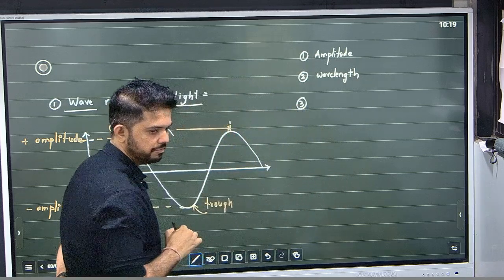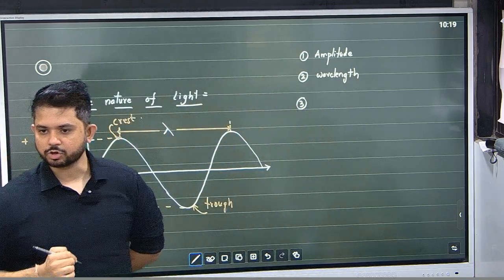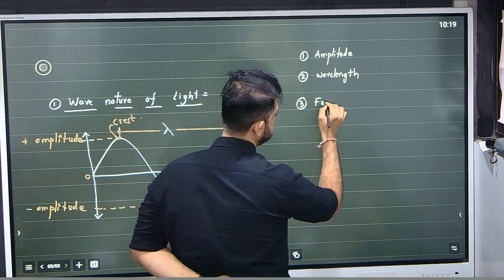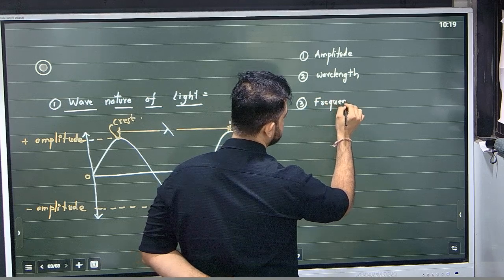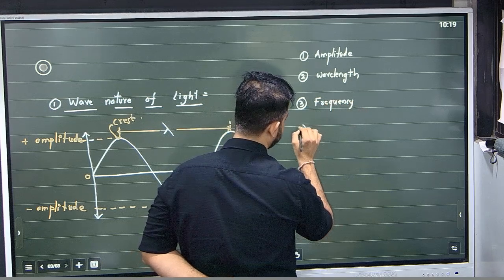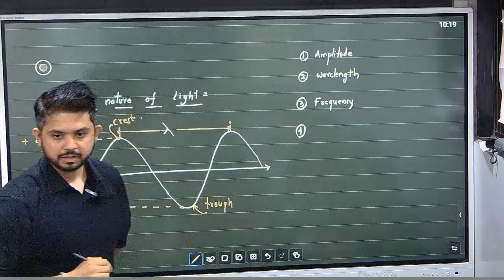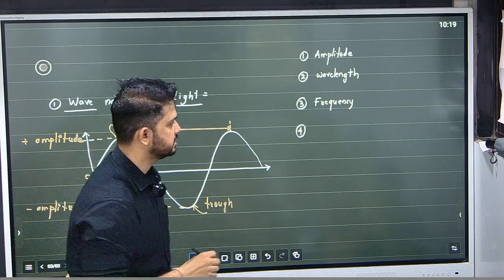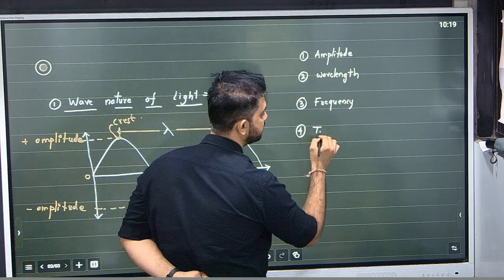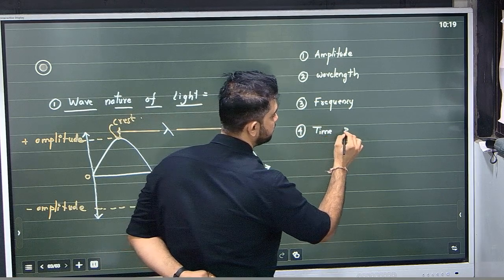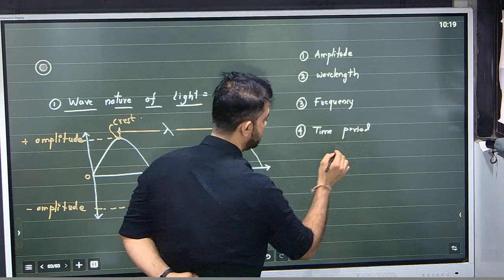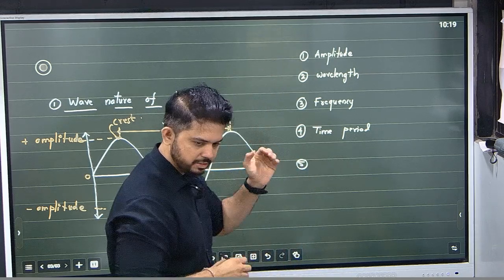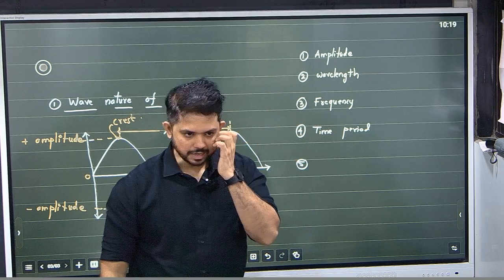The number of waves per second is called frequency. Time taken to complete one wavelength is called time period. We'll write all these definitions now.